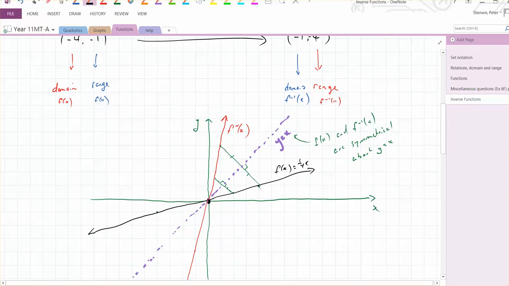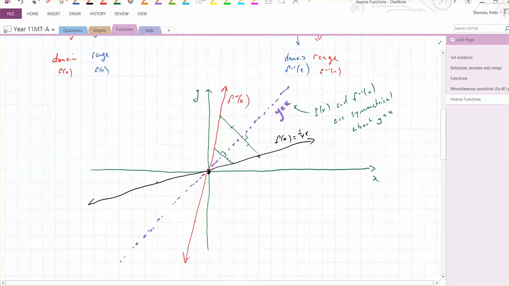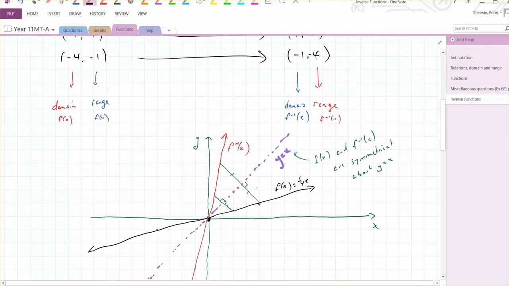You can see those points coming out there, and you can also see the points that they map to. So 4, 1, we interchange the x, y positions there. That becomes 1, 4, and that point is there. You can see here that is reflected in this purple line, y equals x. So 4, 1 reflected in y equals x becomes 1, 4.